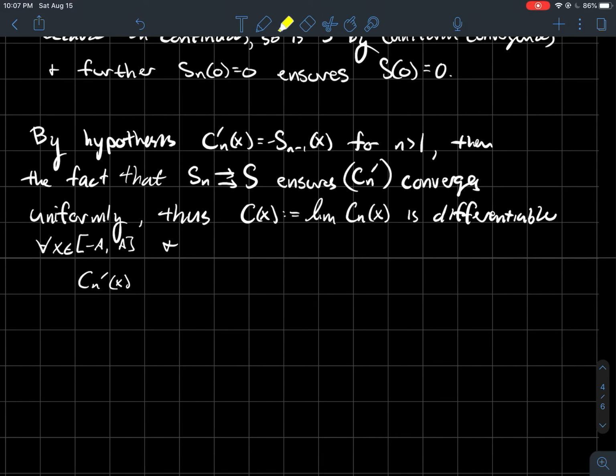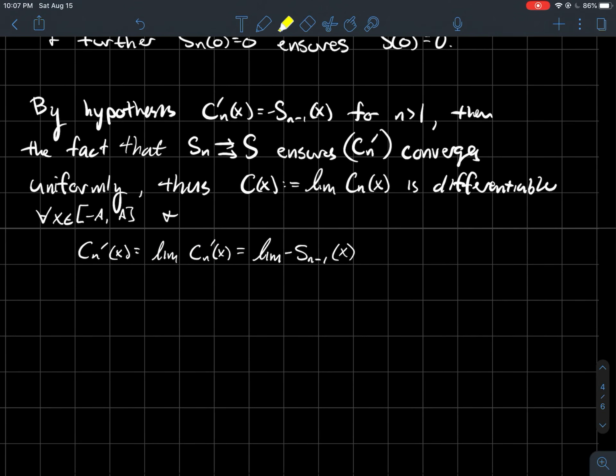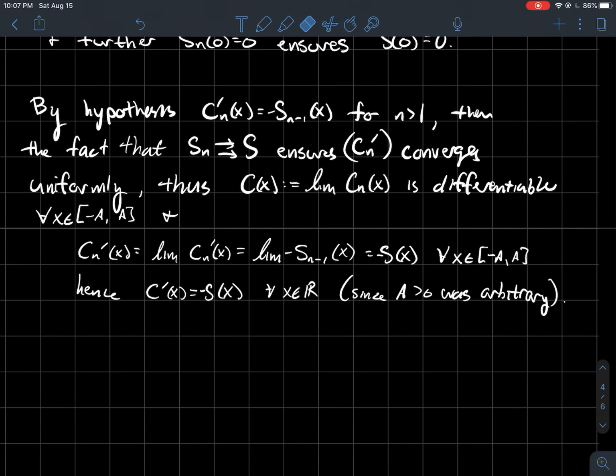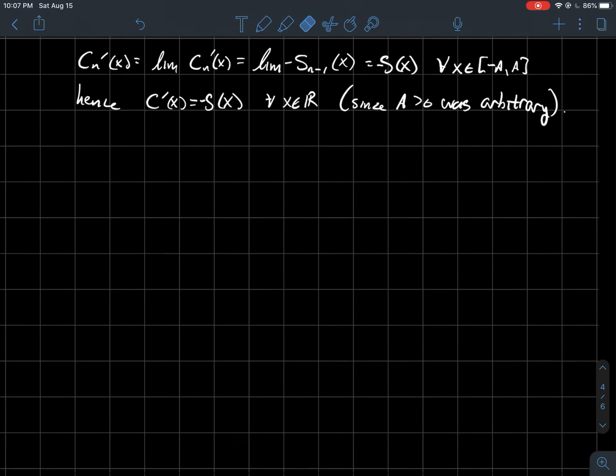And moreover, the derivative of C should be equal to the limit of the derivatives of Cn, which should be the limit of, from up here, just minus Sn, which of course is just minus S. So that gives me the relationship that I wanted, that C prime should just be equal to minus S.